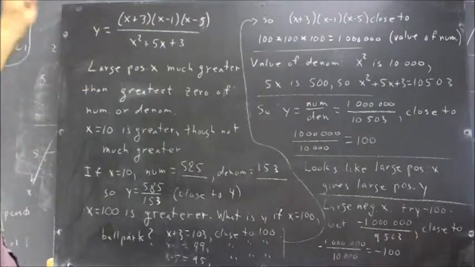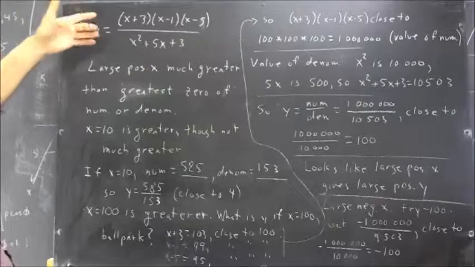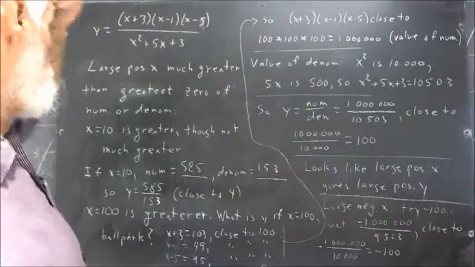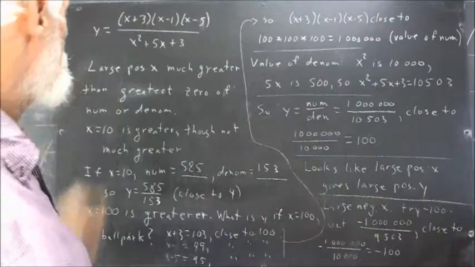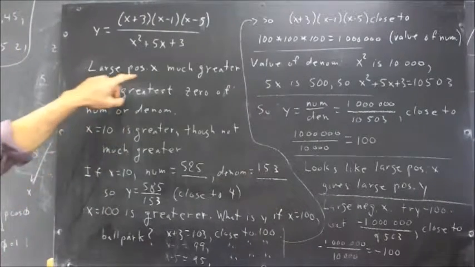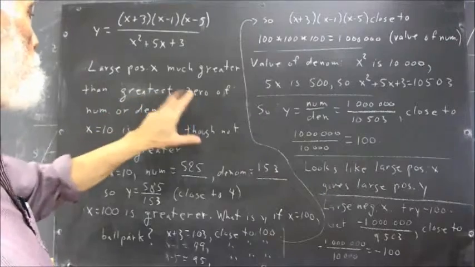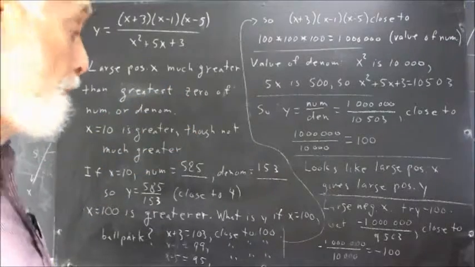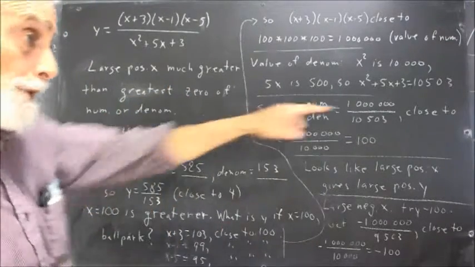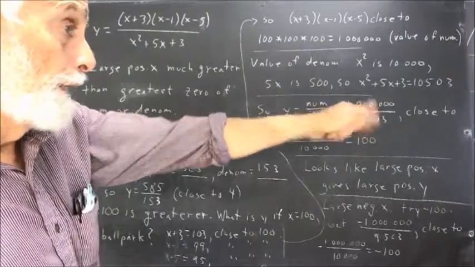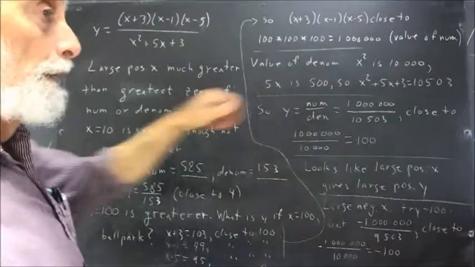Now, we want to understand also what happens when x is very large, whether positive or negative. So, if we have a large positive x, much greater than the greatest zero of the numerator or denominator, we're wanting to look at what happens as we go this way on the x-axis, what happens to the y value. Does it get big?